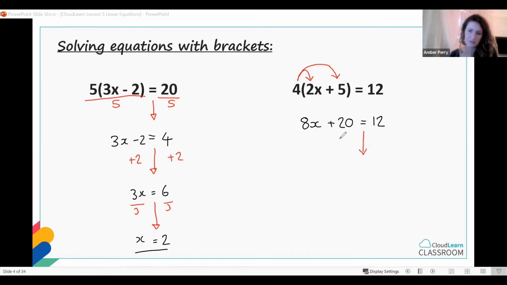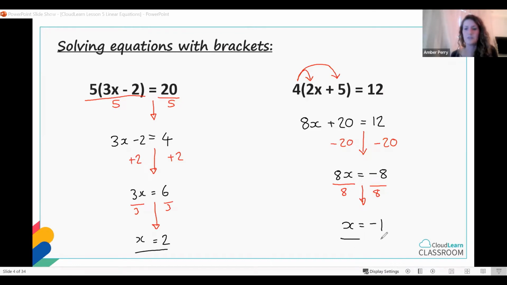So we're going to subtract this 20 from both sides. Okay. 12 minus 20 is going to be minus 8. So now we are going to do negative 8 divided by 8, dividing both sides by 8. Okay. And x is equal to minus 1.